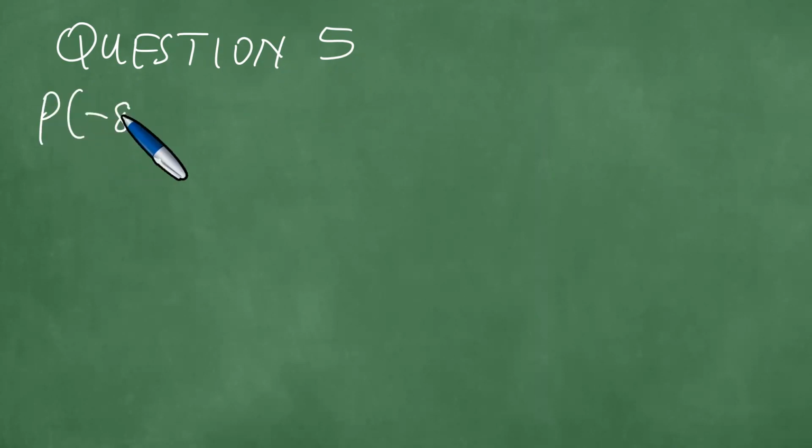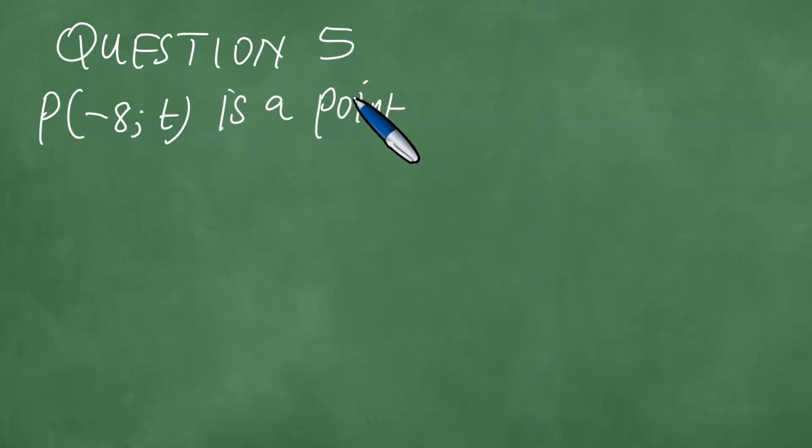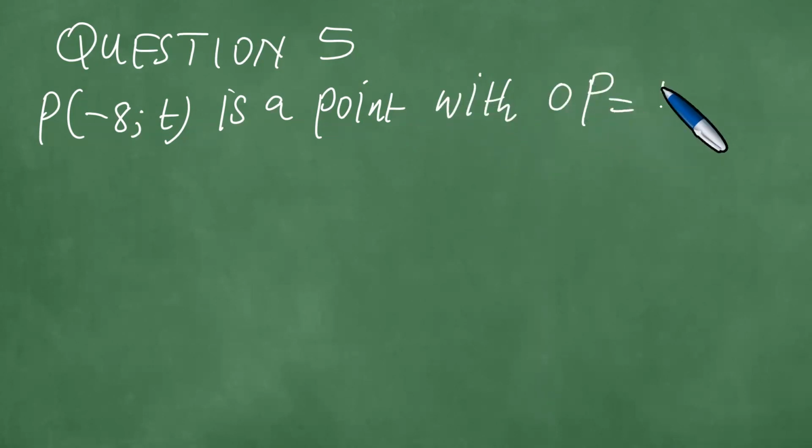And looking at question 5, there are a couple of things that remain very important. P(-8, t) is a point with OP equals 17 units.